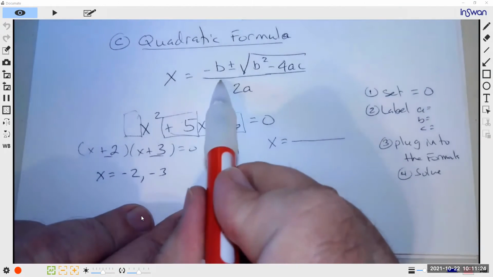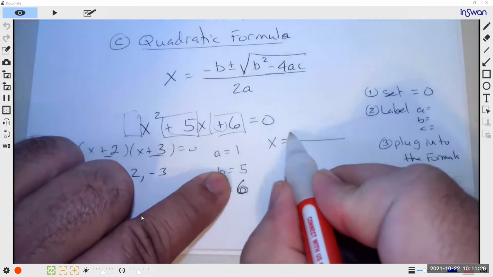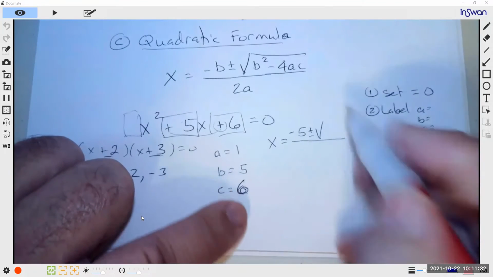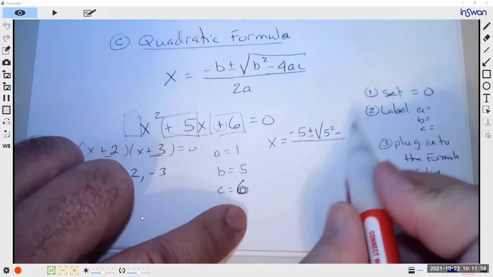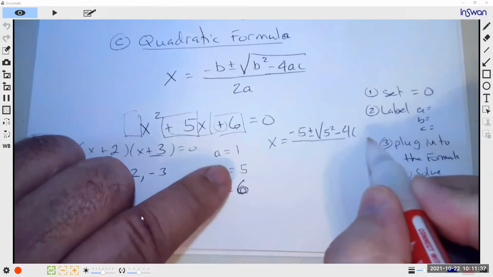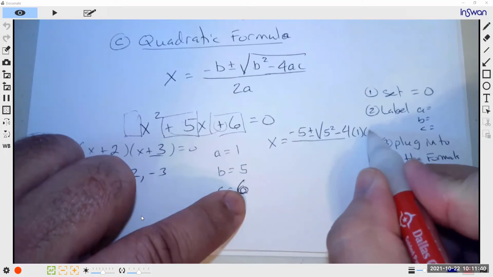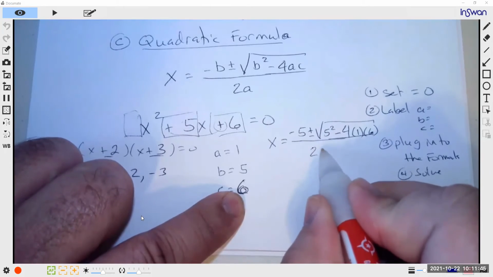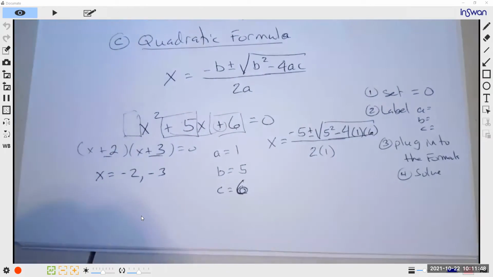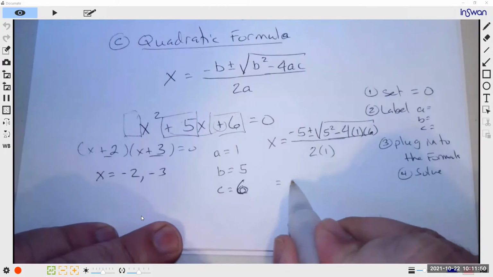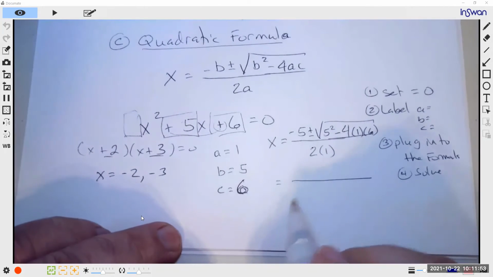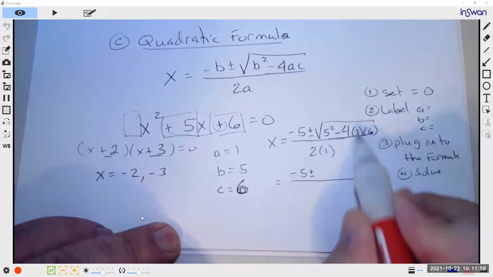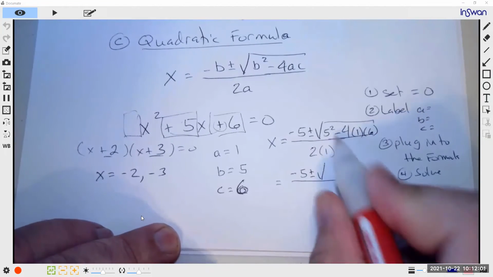So -b. So it's -5 plus or minus the square root of b squared, which is 5 squared, minus 4 times a, which is 1, times c, which is 6, all over 2a, which is 2 times 1. Order of operations is we have to do inside the radical first.